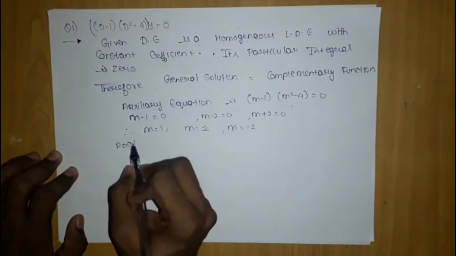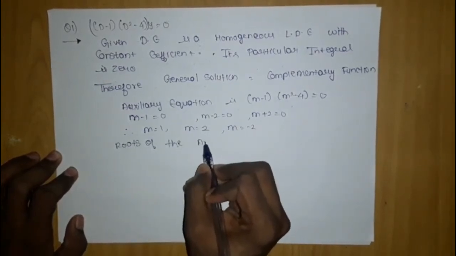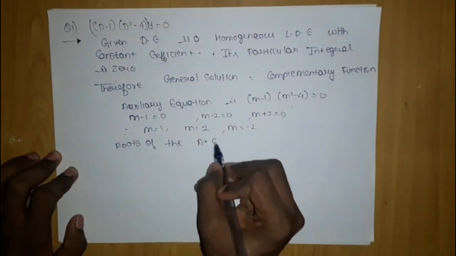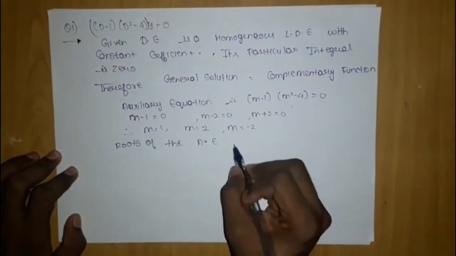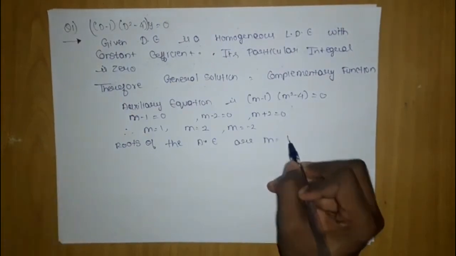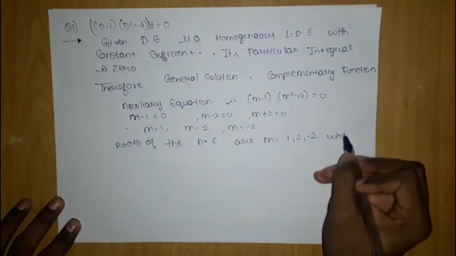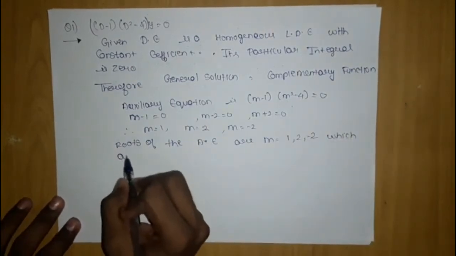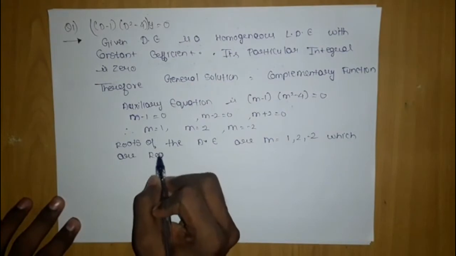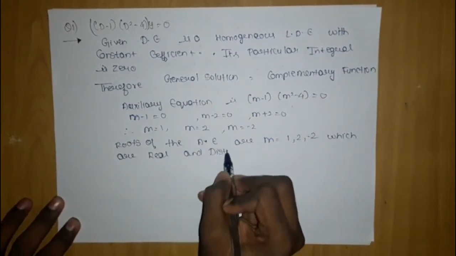So the roots of the auxiliary equation, A.E., are m equals 1, 2, minus 2, which are real and distinct.